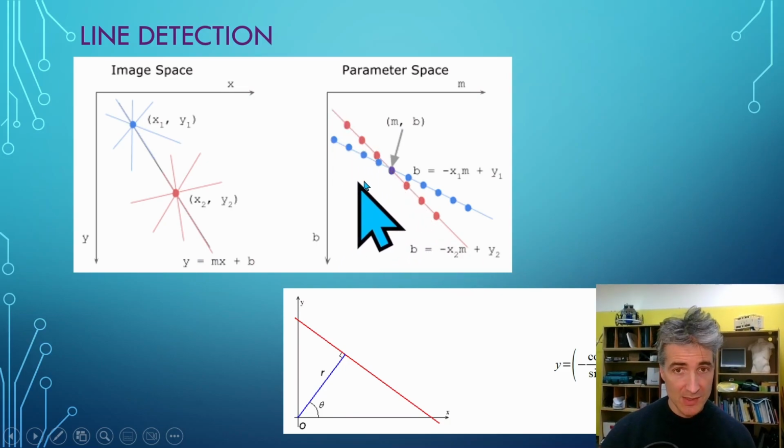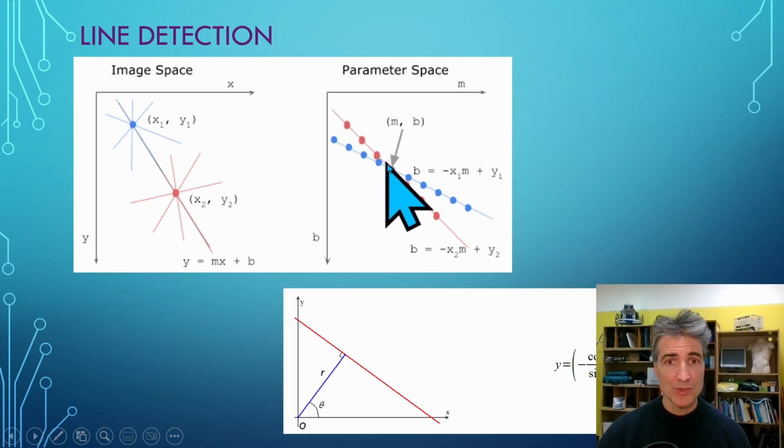And where those lines in the parameter space are crossing, this may be only possible for the combination of parameters M and B for a line that goes both through the blue and the red point. So if we would have more points on the same line, in the parameter space we would have a crossing of multiple lines.